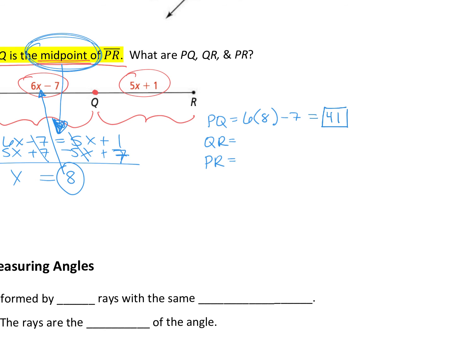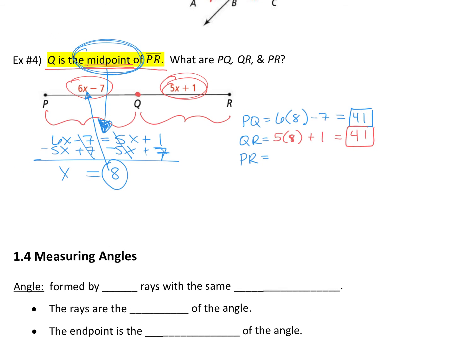Now, I still recommend you plug it in because I think it's a better option in case you did something wrong. So 5 times 8, plus 1 is also 41. So when they come out the same like that, then you're like, yep, I did it right, because that's what's supposed to happen. They're supposed to be the same length. So what's PR? 82.